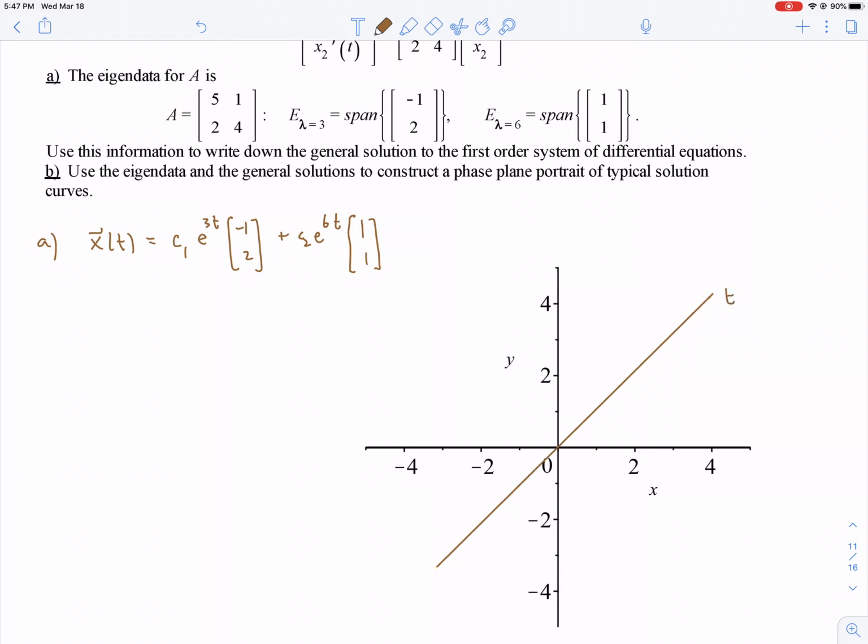That is the lambda equals 6 eigenspace. And minus 1, 2 or minus 2, 4 is a basis for the other eigenspace.